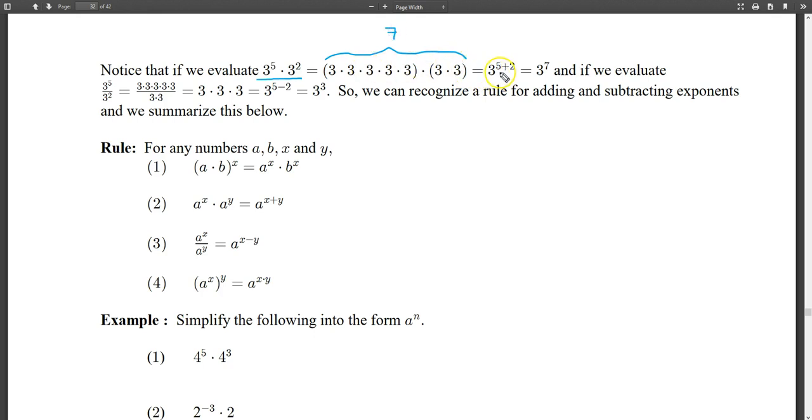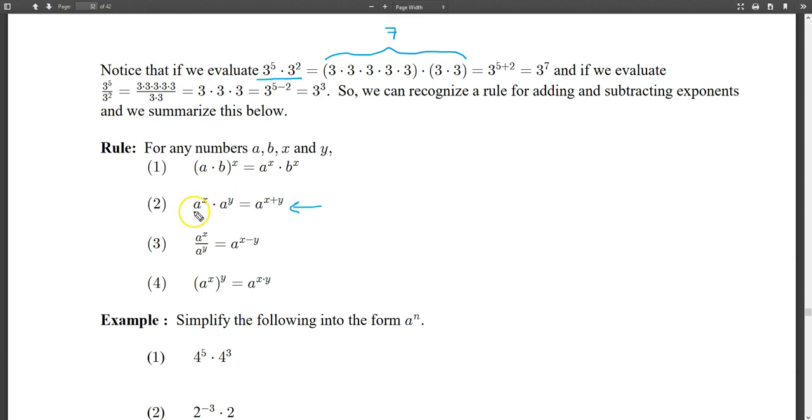That's the same as 3 to the 5 plus 2 power. So it seems like all we would have to do is add those 2 exponents when the base, the 3's, are the same, and that is in fact rule number 2 from our list of rules. Notice a to the x times a to the y is a to the x plus y. You just have to add the exponents.